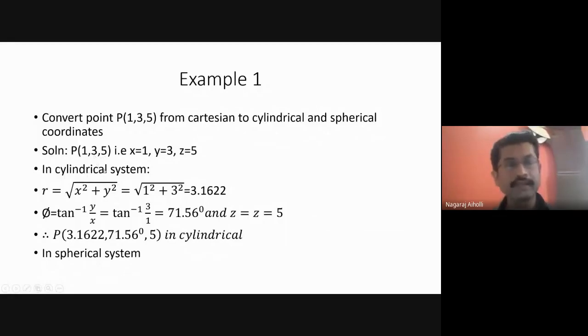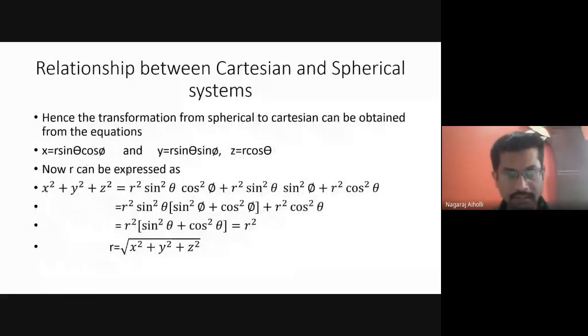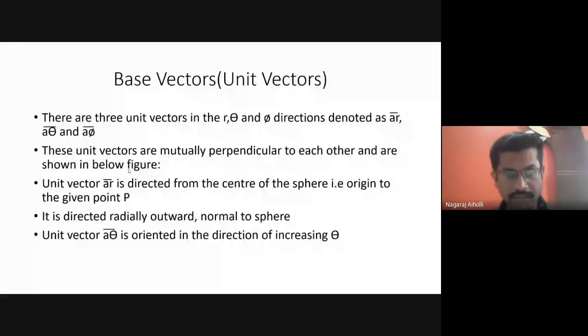If we want to convert from Cartesian to cylindrical, then what are the equations? I explained that two or three classes back. If you can recollect those equations, well and good.